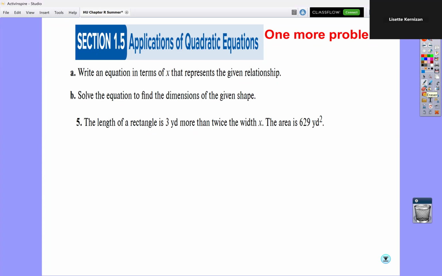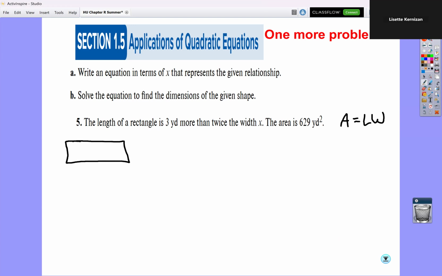So one thing to keep in mind is that you have a rectangle. And the area for a rectangle is always length times width.